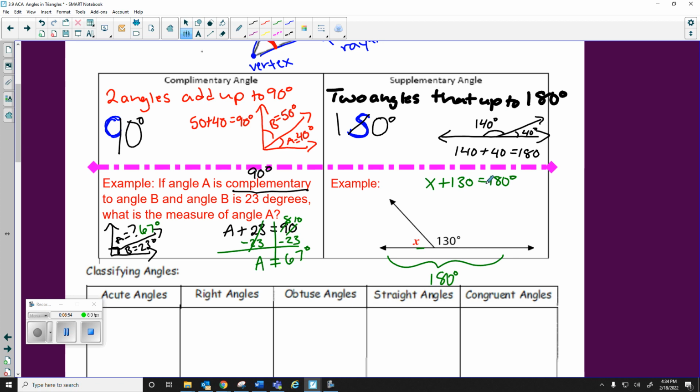I need to solve for X, so I'm going to get X by itself. To get rid of this plus 130, I subtract. X is equal to 50 degrees. Those two words, complementary and supplementary, might be new, but you can use those cute little doodads to help you out.